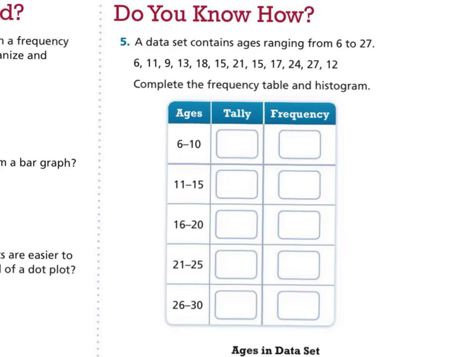I like to just go along as the numbers are and put my tallies. So there's a 6, there's an 11, there's a 9, 13, and so on. I like to just do the tally mark and then cross it off, so I know I've taken care of it.